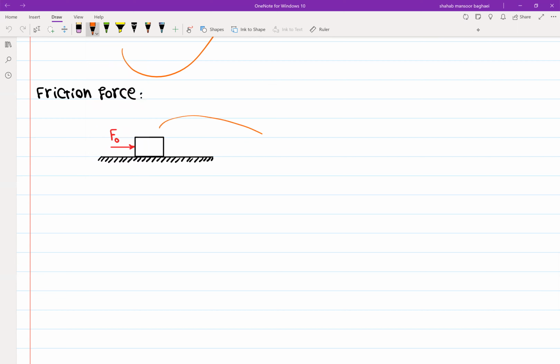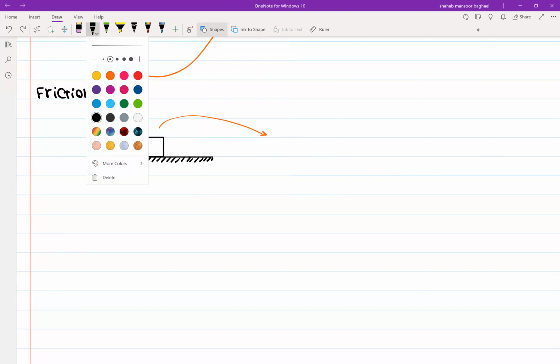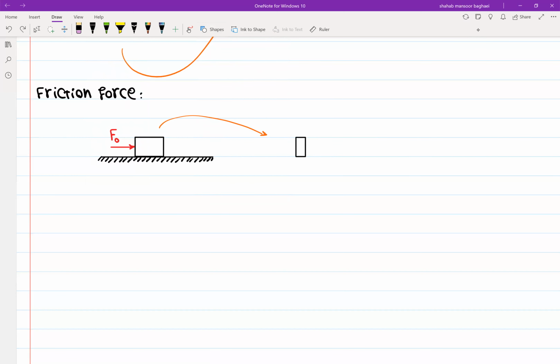Separate this block. This is your block.